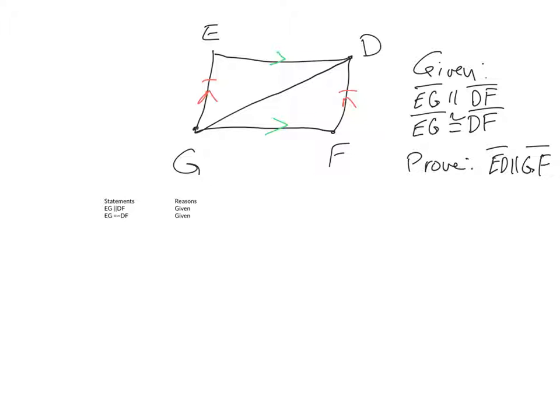Now I'm going to look at these two triangles I've got here, and I want to prove triangle... well, let me prove the parts first. So I know that DG is going to be congruent to DG, and that's reflexive property.